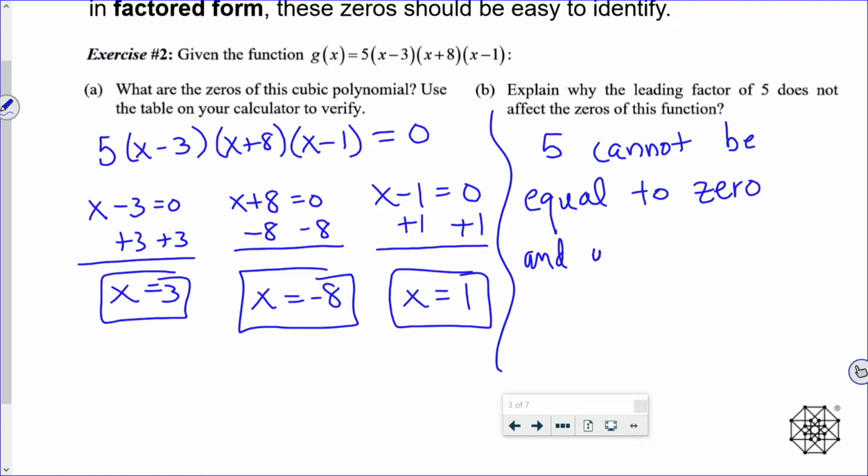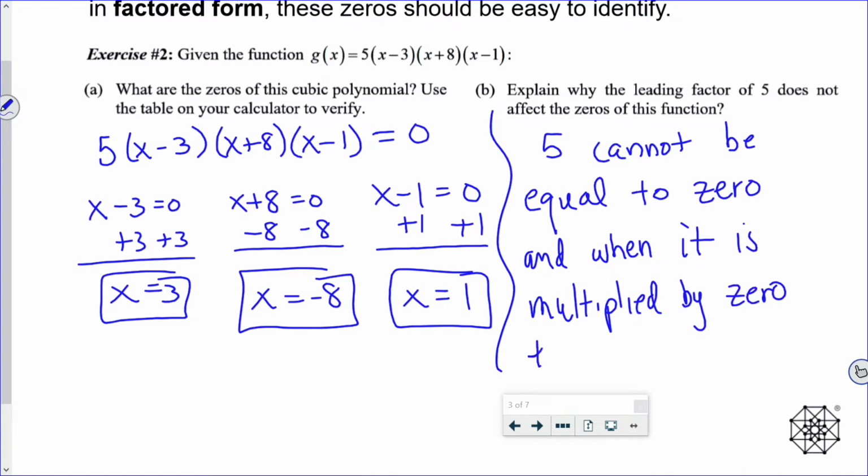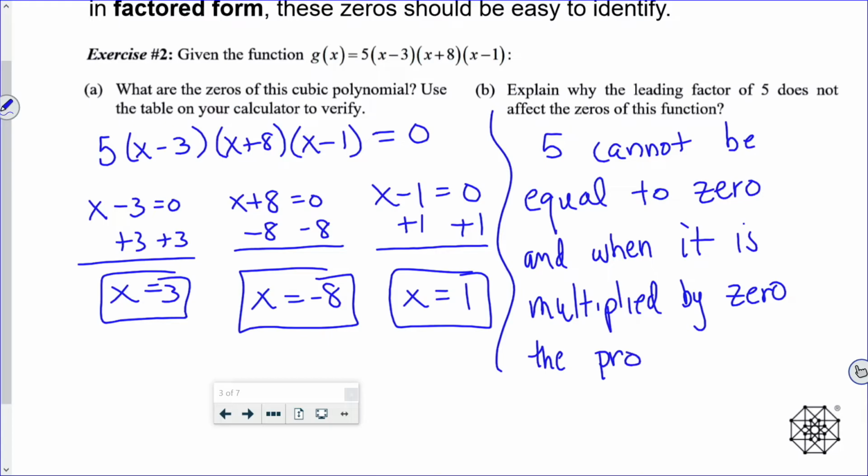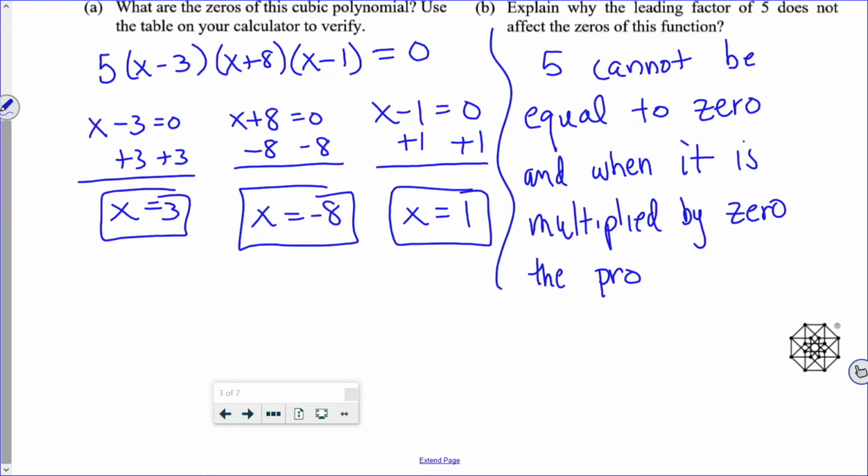And when it is multiplied by 0, the product still equals 0, right?